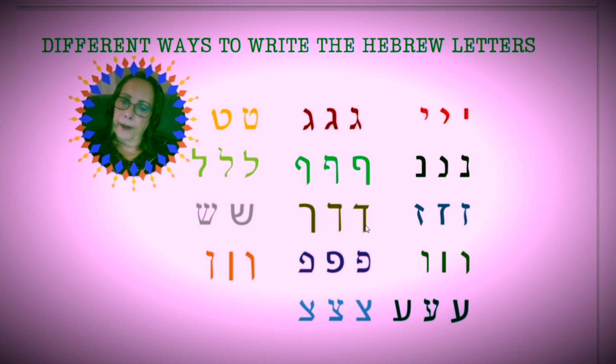And here's the final Chaf. Notice how this is much longer than you would see a resh, right? Much longer, and looks much bigger. So that's final chaf. And we have the sheen here.